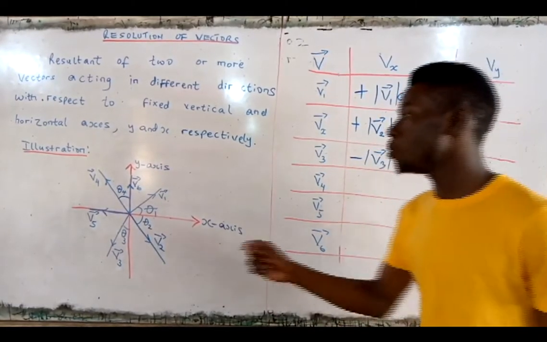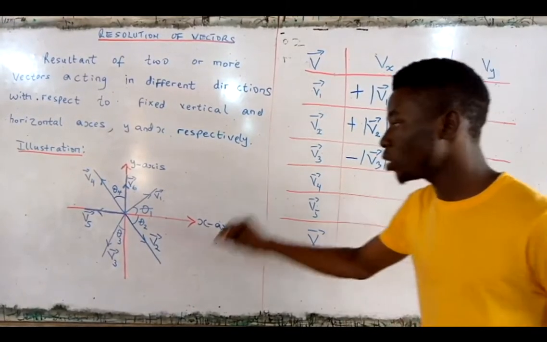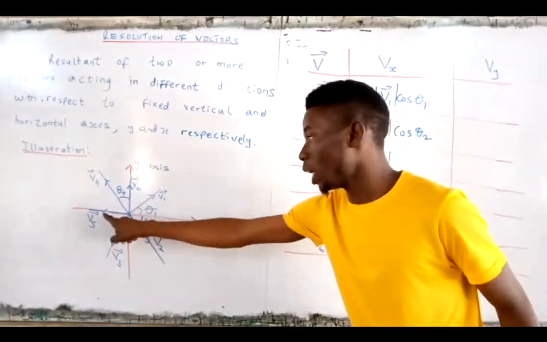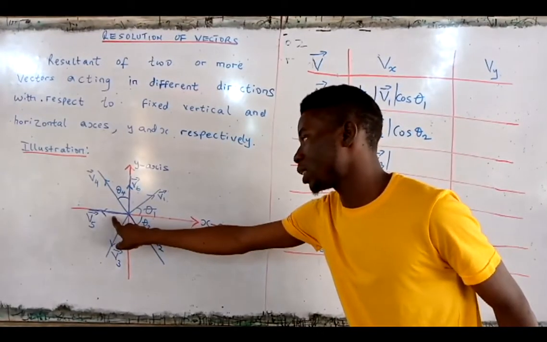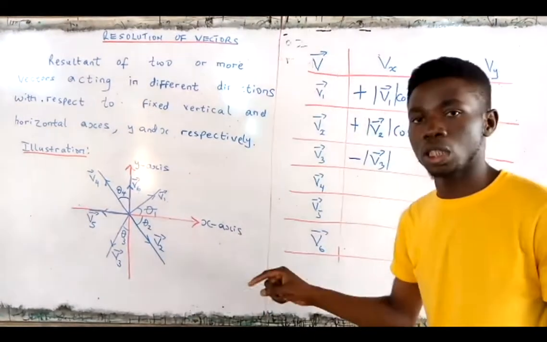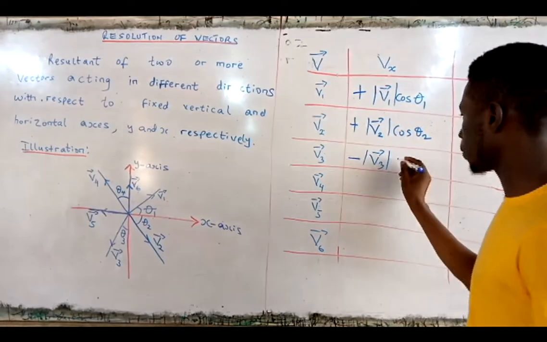Instead, I will make use of sine of angle θ3, simply because the angle is not directly between vector v3 and the x-axis. Instead, it is with the other axis, which I'm not dealing with presently. So I'll make use of sine of θ3.